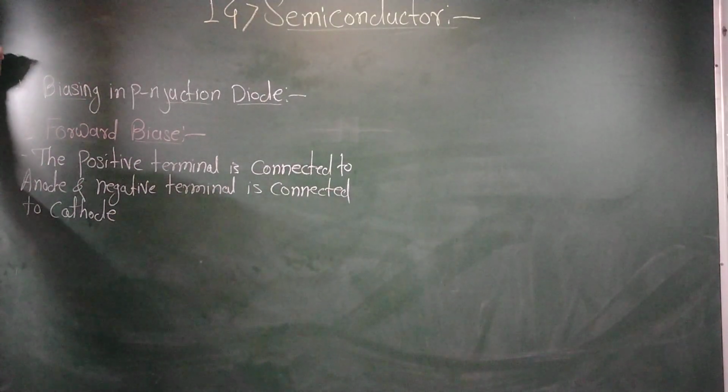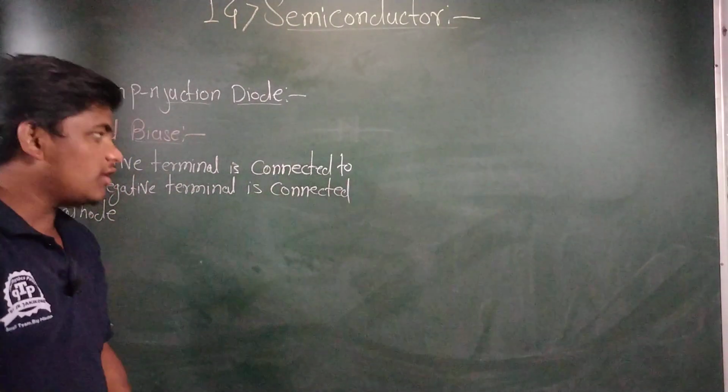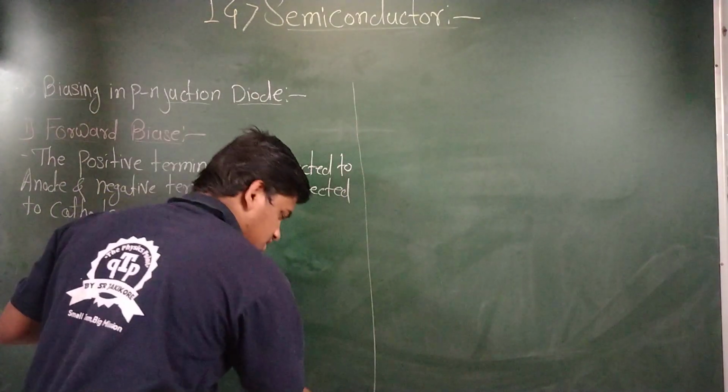This arrangement is called forward biasing of the PN junction.